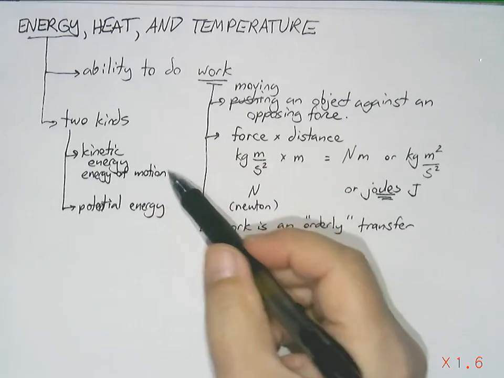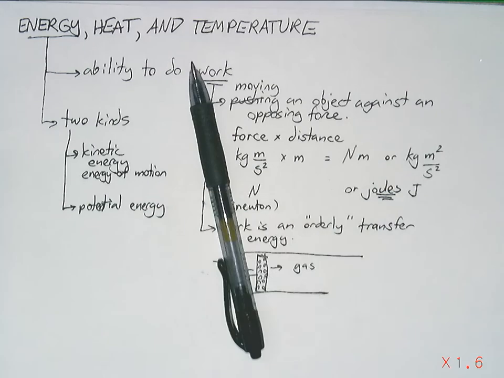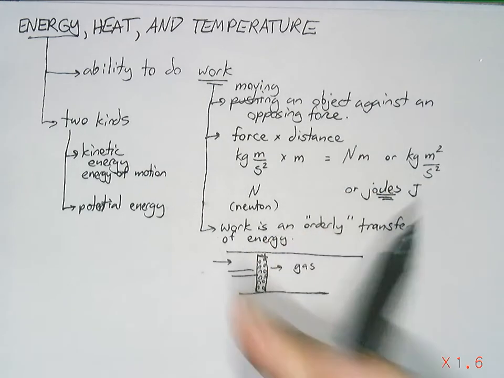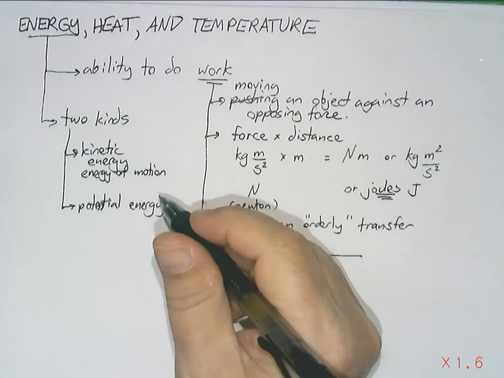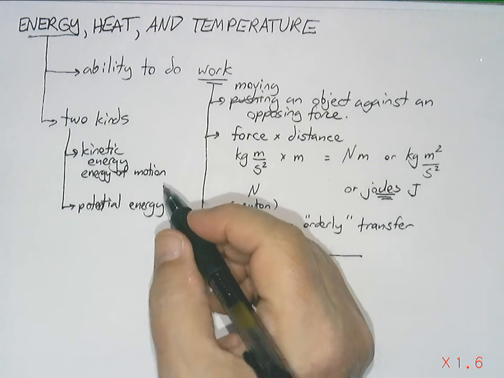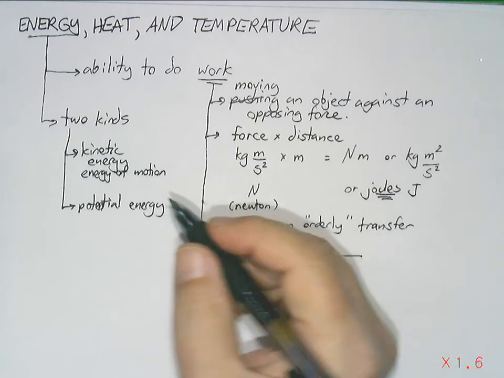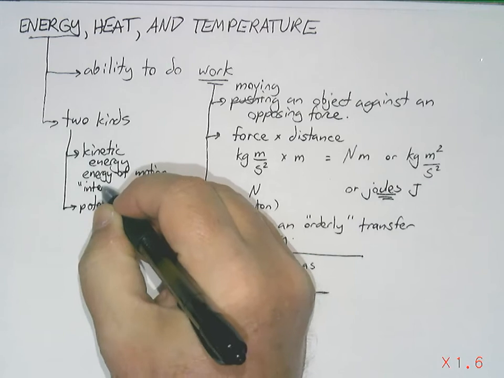Now, even something that looks like it's stationary, like this pen, has some kinetic energy because the molecules inside of it are moving around. When you talk about the kinetic energy of molecules inside of an object that isn't moving overall, you're talking about one component of internal energy.